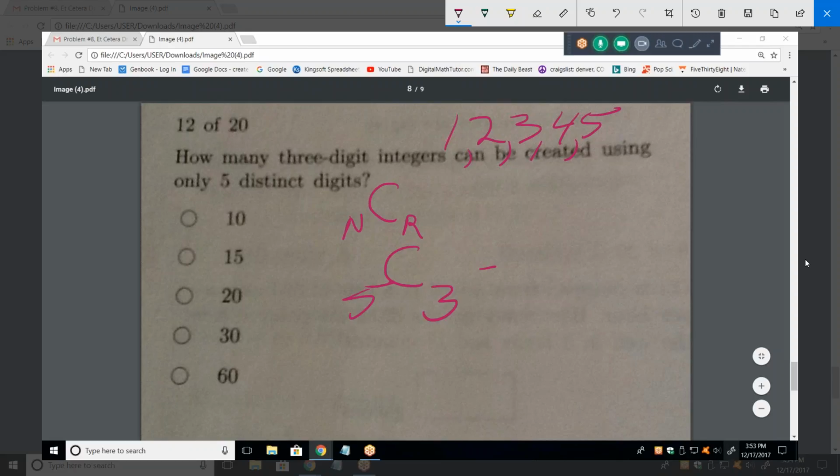Correct. Now, remember the formula? N factorial over what? Over N minus 1 factorial times R factorial. It's actually N minus R factorial times R factorial. Oh, what did I say? You said N minus 1. Here's a good way to memorize this.